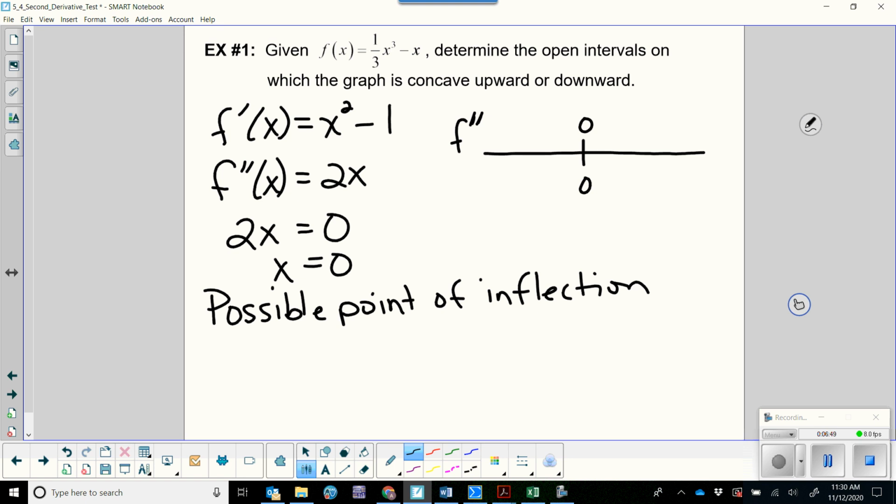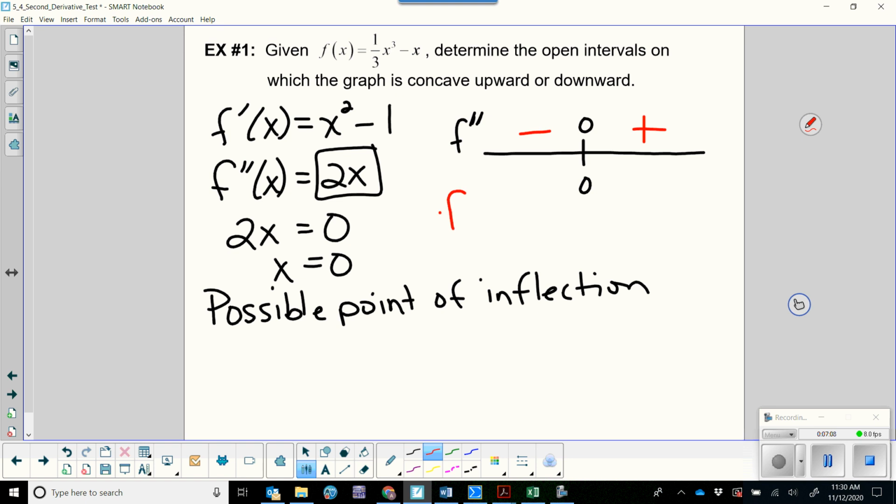So if I pick a number less than 0, and I plug it into this second derivative, for example -1, we're clearly going to get negative. Then let's pick positive numbers. Obviously if I put in a number bigger than 0, I'm going to get positive.